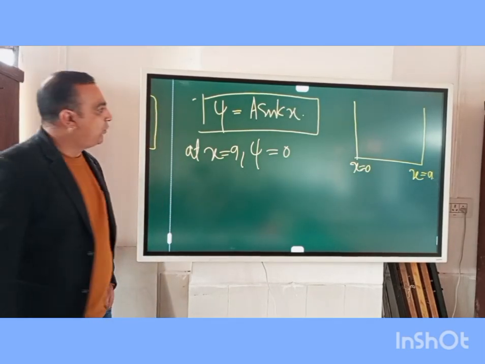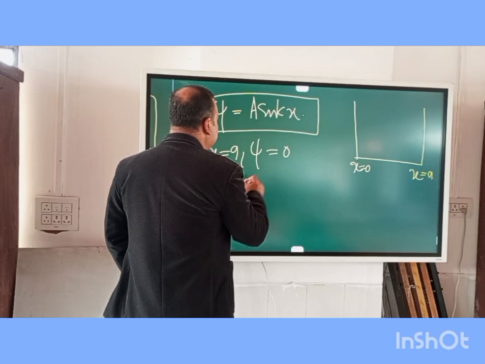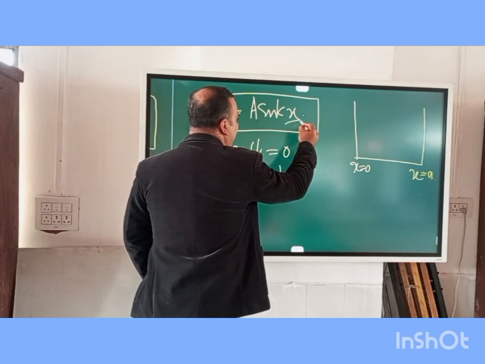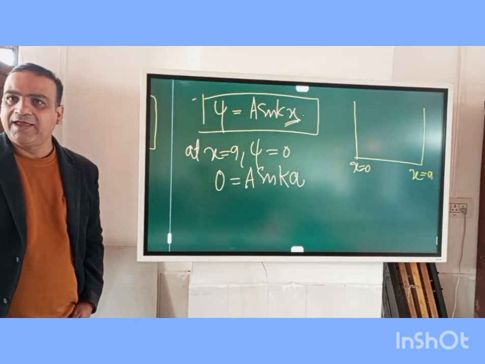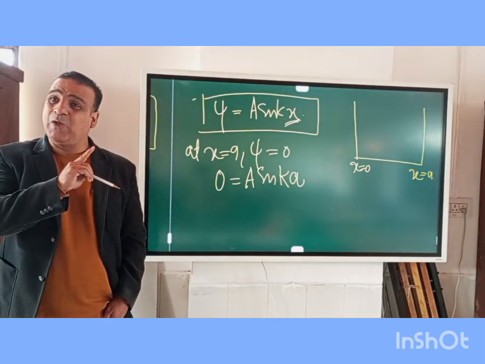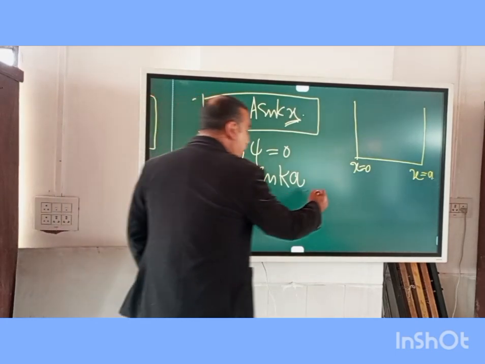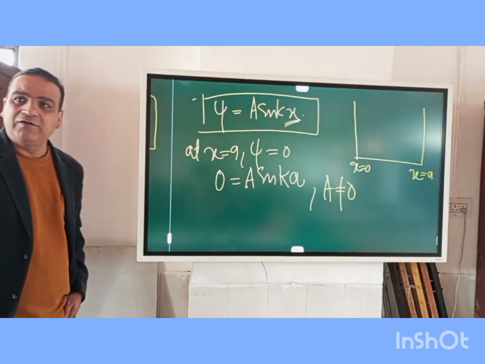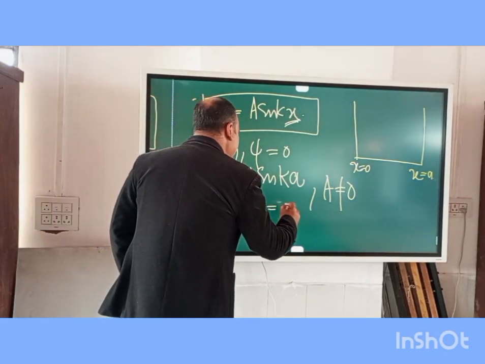So 0 is a sine of k, instead of x, I will use a. But we understand b was 0, and A was not 0. So A is not equal to 0. If A is not equal to 0, then sine ka is equal to 0.